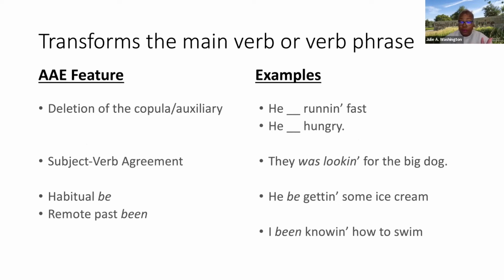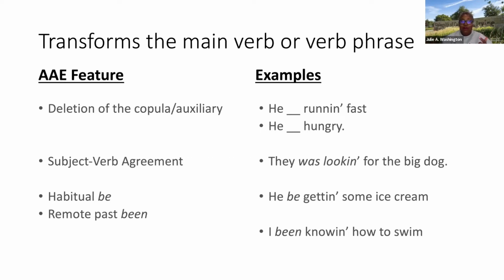The top two are the most common examples of African American English features, and you will hear them in both middle income and low income speakers. If someone is speaking African American English, they're usually doing these two things. So, deletion of copula and auxiliary forms of the verb to be. Copula just means main verb, and of course auxiliary is what we called in school the helping verb.